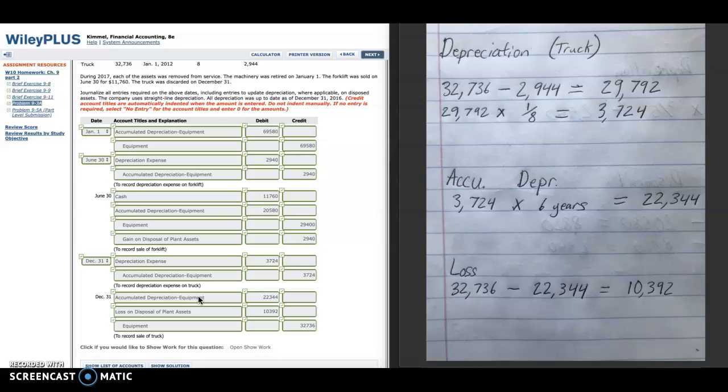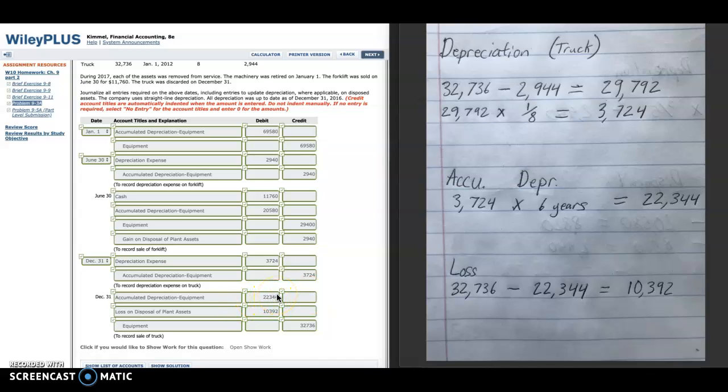Now to find that, we need to find out how much has been accumulated. So if you include the year we just did, there's a total of 6 years that we've had the truck. So we're just going to take the yearly amount, the $3,724, and times that by 6 years, and that equals $22,344. And so then we're going to debit that as our accumulated depreciation of equipment.